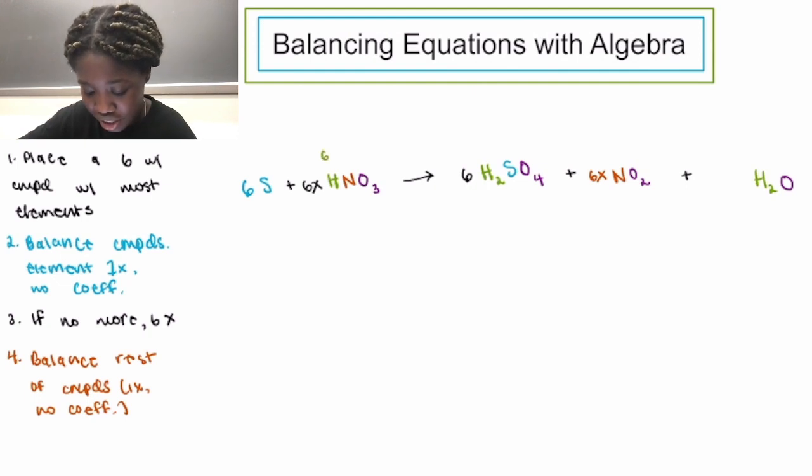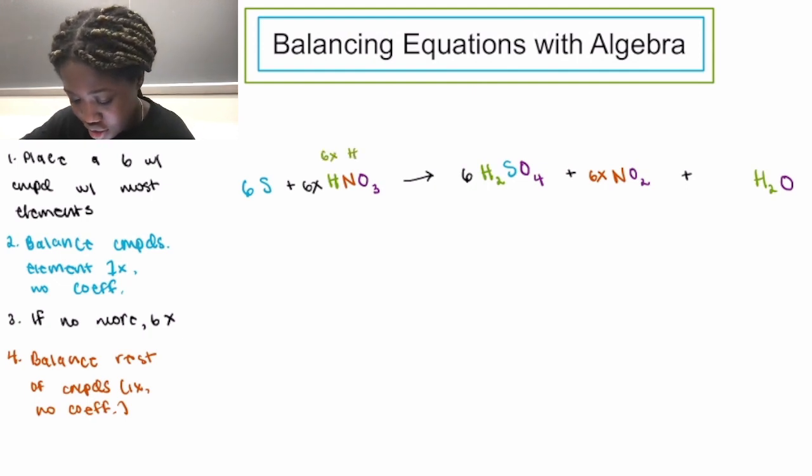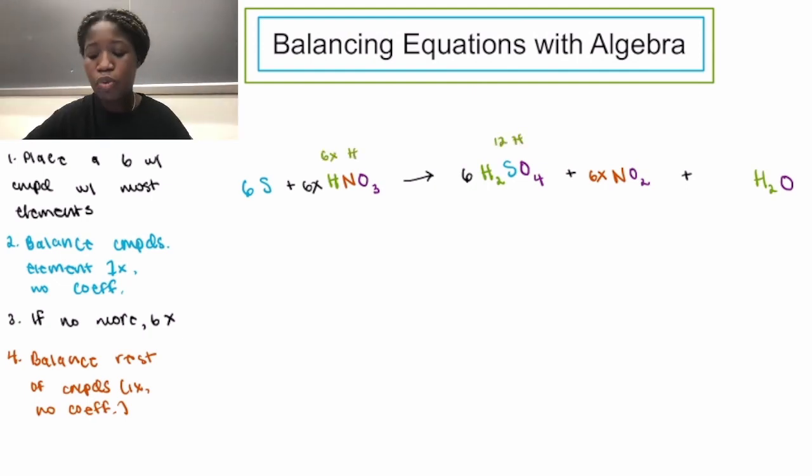Now we have 6xH on the left and 12H on the right. We need to make sure there's only 6xH's on the right, so we need to make sure that this 12H gets canceled and it adds up to 6x on this right side.